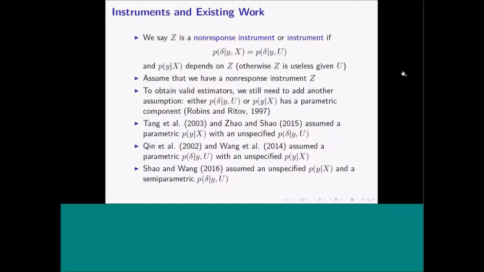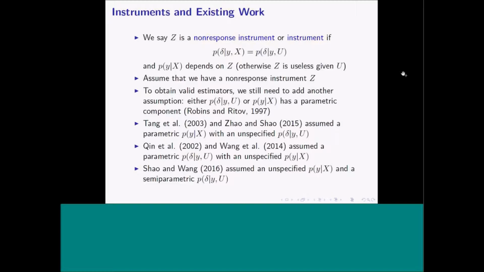Actually, there is another thing we need to assume on Z. That is, the original density of Y given X should be a function of Z. If Z can also be excluded from this density of Y given X, then it means Z is totally just garbage.